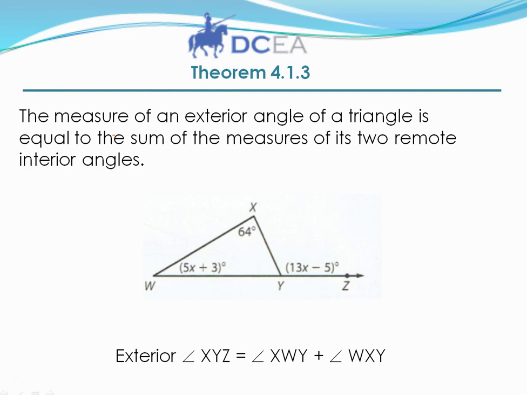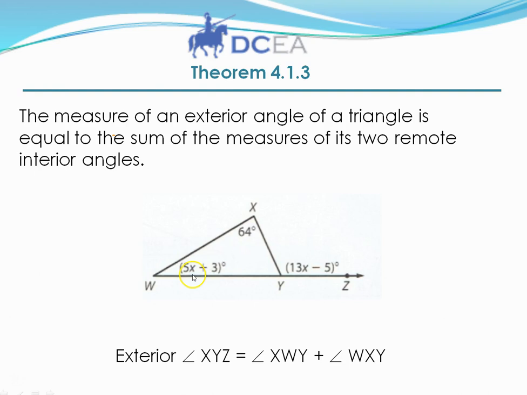So we have theorem 4.1.3, and it goes a little further with this exterior angle thought. The measure of an exterior angle of a triangle is equal to the sum of the measures of the two remote interior angles. So the measure of this angle right here, XYZ, is equal to the sum of the two remote interior angles.